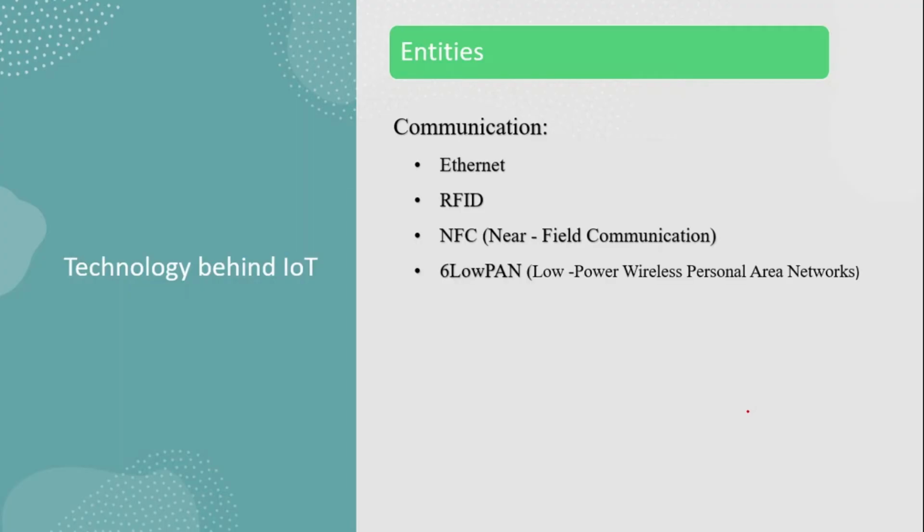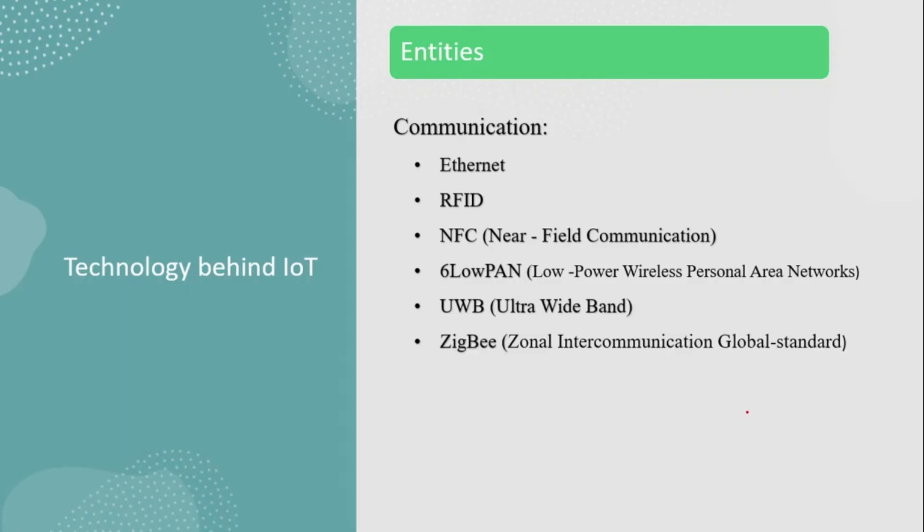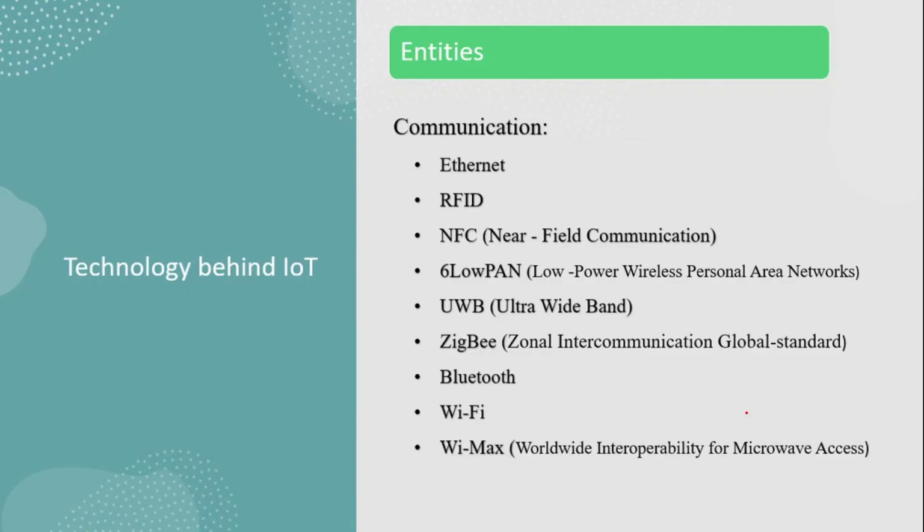Next one, 6LoWPAN, which means low power wireless personal area network. Next one, ultra wideband. Next one, Zigbee, a global standard. Next, the well-known technologies in communication, Bluetooth, Wi-Fi, and WiMAX, which is worldwide interoperability for microwave access.